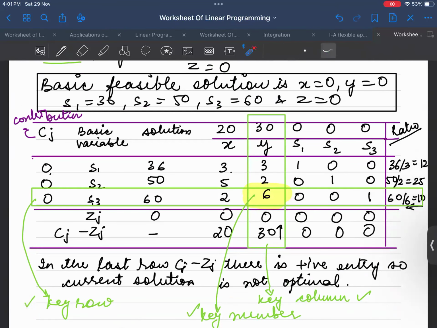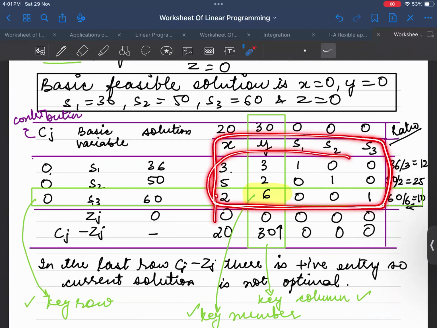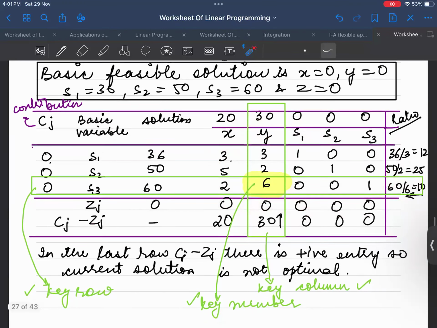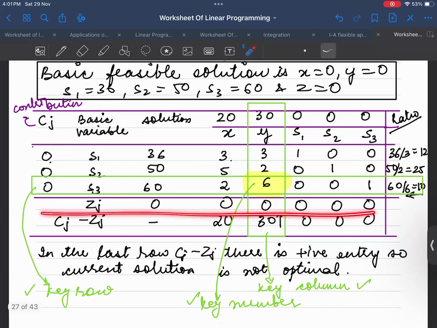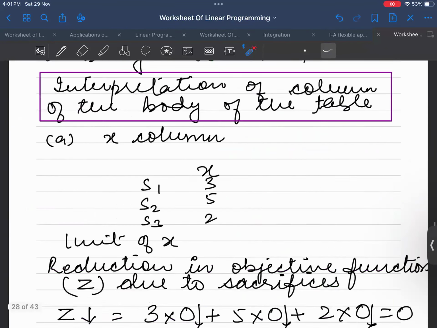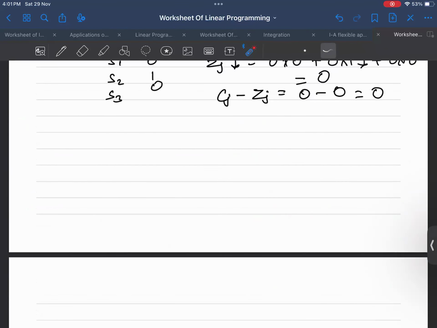The interpretation of these columns is clear to you as of now, I think. Now, I want to explain how to interpret this row, a little bit of things related to the Cj minus Zj row.